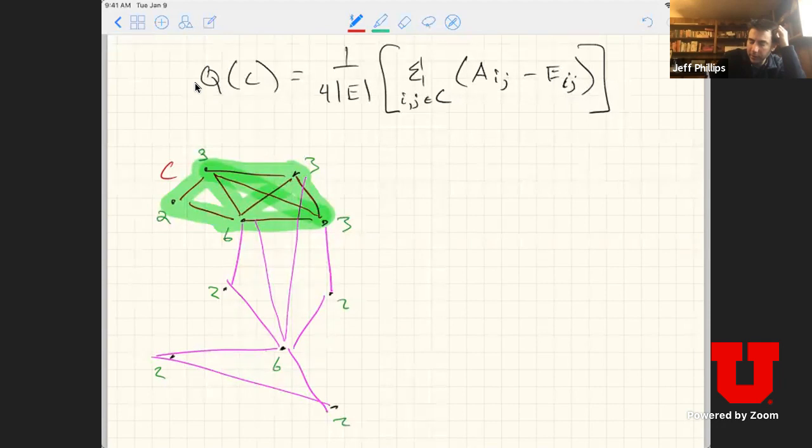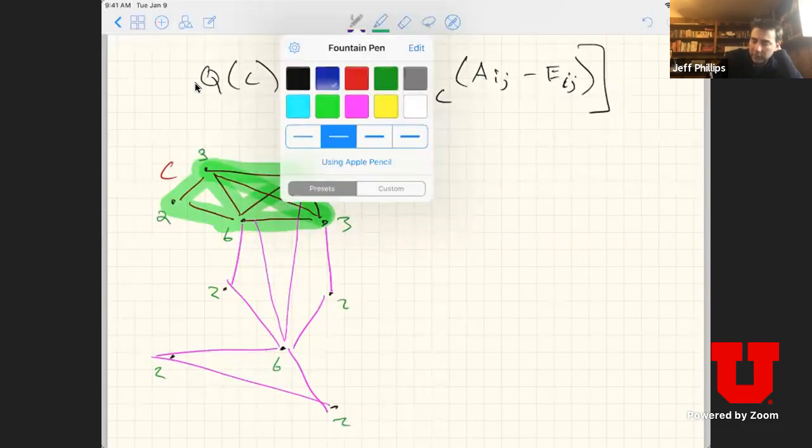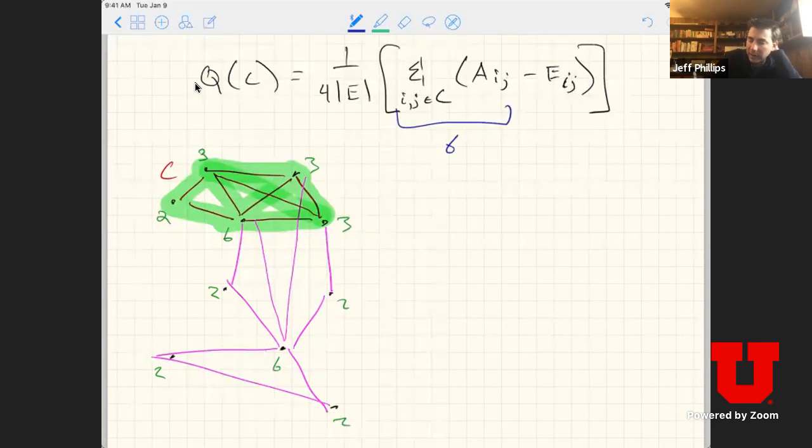The sum over i, j in C of A_ij, let's just say this part is going to be 8, so there are 8 edges inside this cluster.